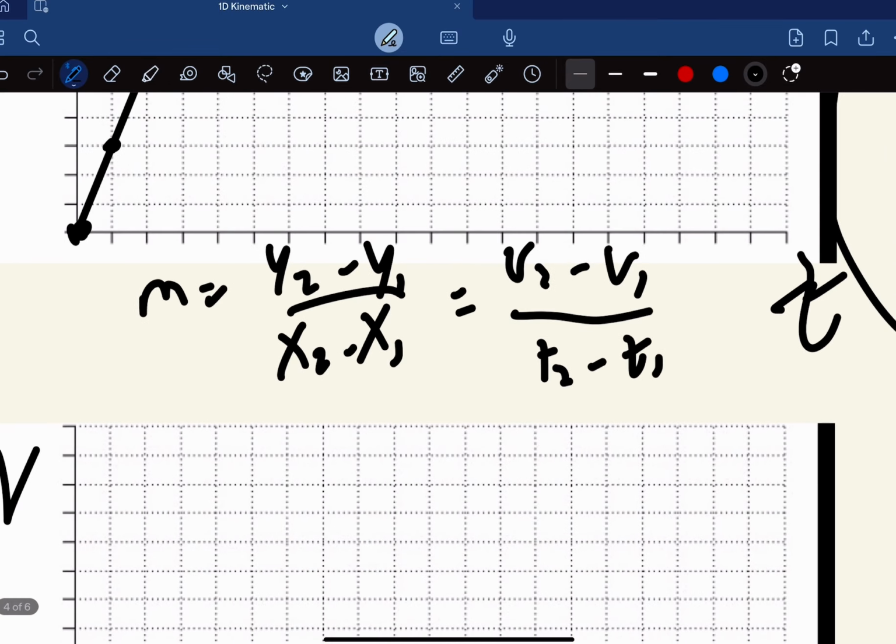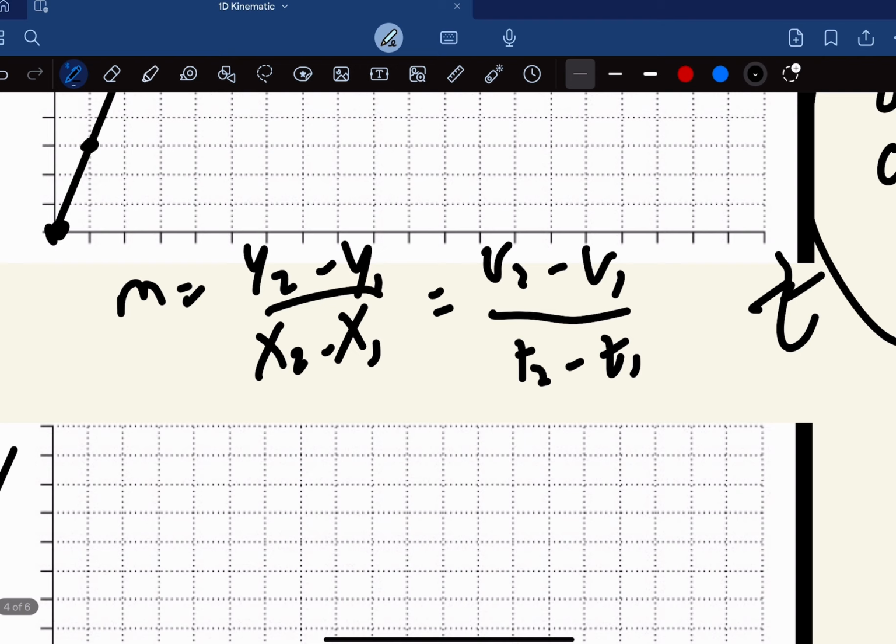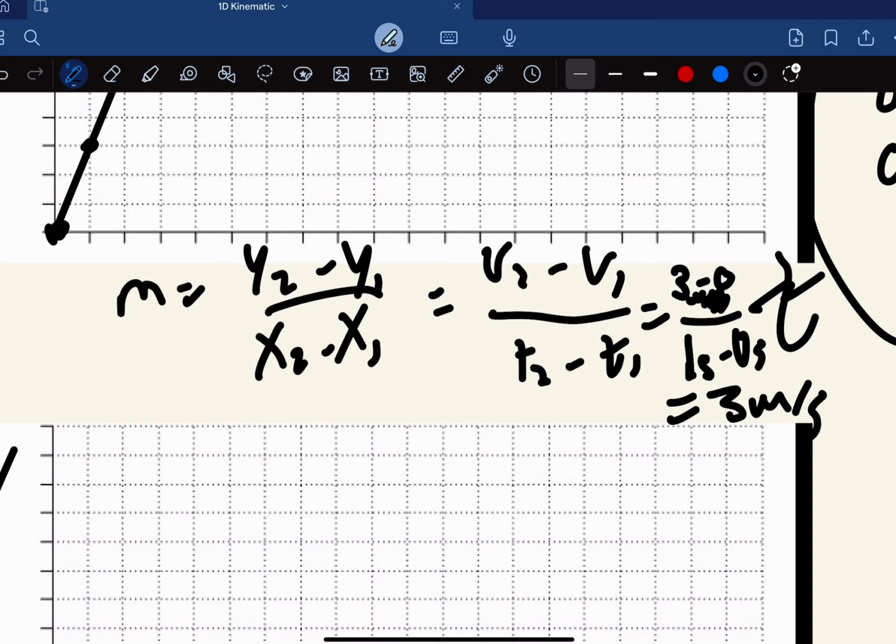And then that is equal to 3 minus 0 meters. Sorry, I thought I was looking at the different graph again. Over 1 second minus 0 seconds, which is equal to 3 meters per second.